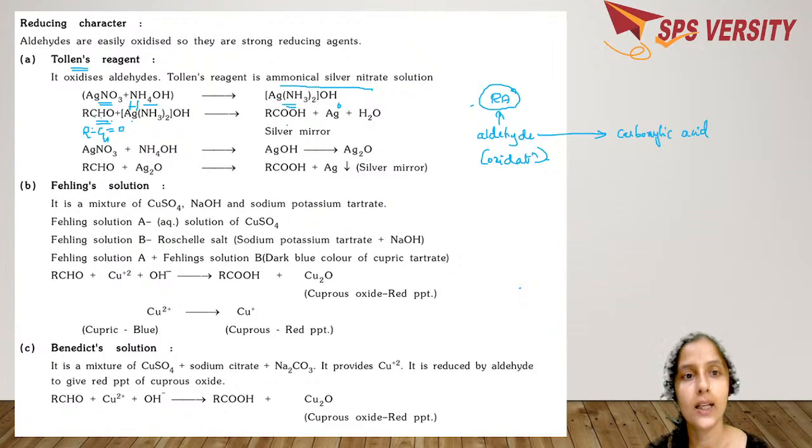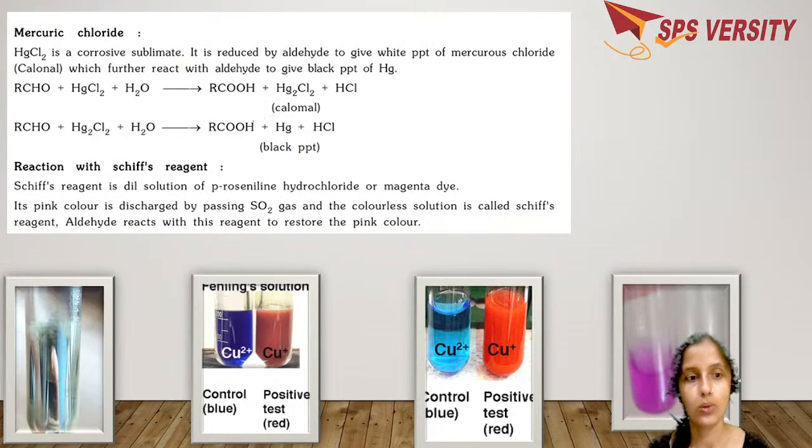So the aldehyde gets oxidized, whereas the silver gets reduced, and that forms the silver mirror on the sides of the test tube. If you really see, this is how it looks. You take a solution of aldehyde, mix it with the Tollens reagent and heat on a water bath for some time. When the reaction is complete, you see the silver coating on the sides of the test tube.